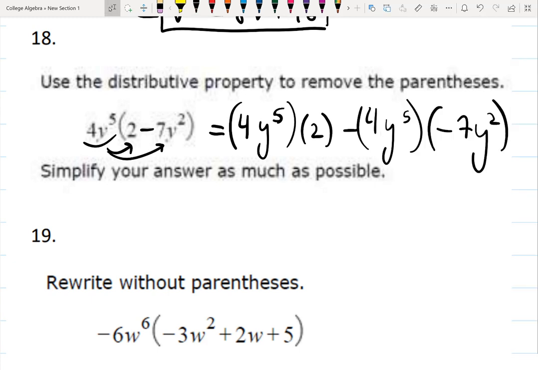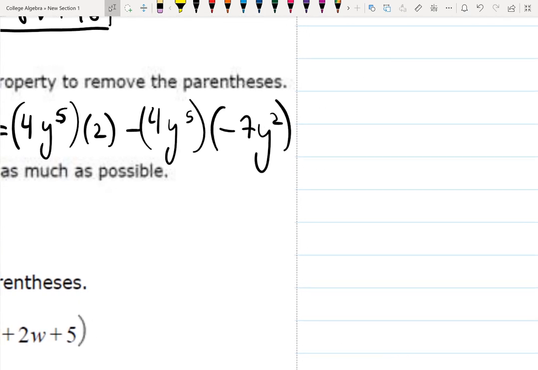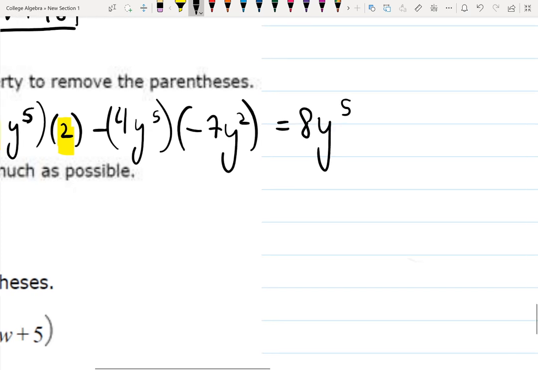Now our job is to carefully simplify that. Let's do it. Well, the first couple is actually not too bad. 4 can be multiplied by 2. So 4 times 2 is 8. 8y to the 5. And that's all we could do.